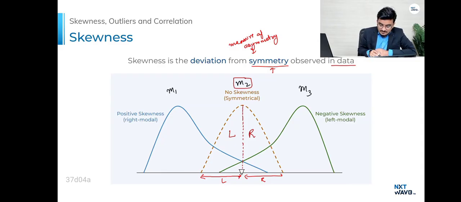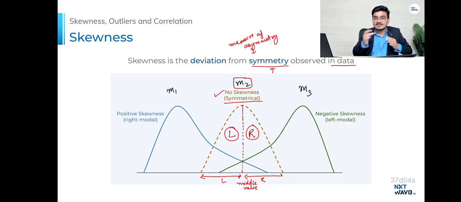This is what symmetrical data would look like. This data is symmetrical because the distribution, when divided based on the middle value or middle line, is common on the left side and the right side. The distribution is the same on both sides, right? Which means our data follows no skewness. The data is not skewed or biased towards the right or the left side.